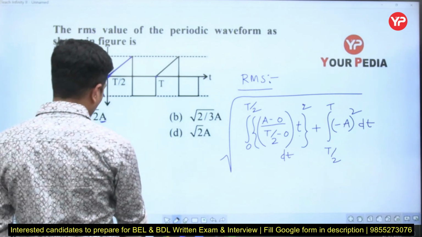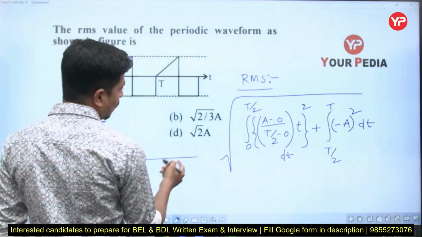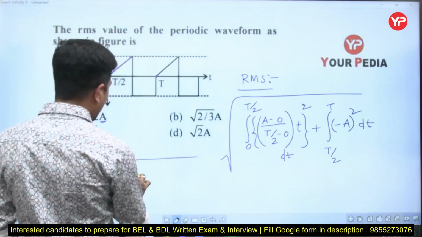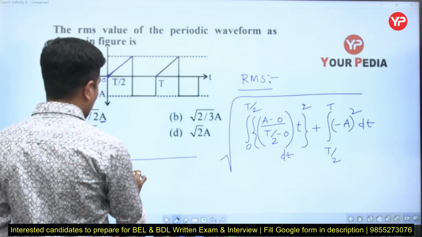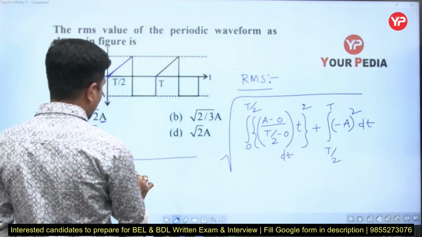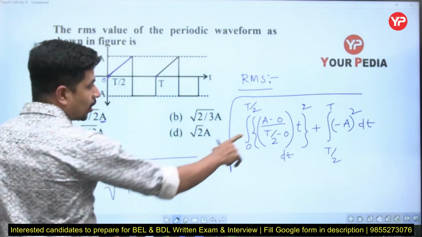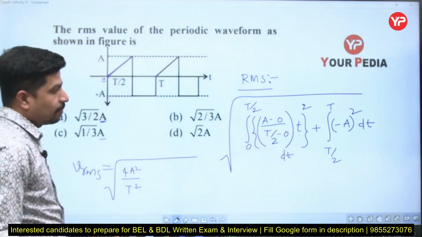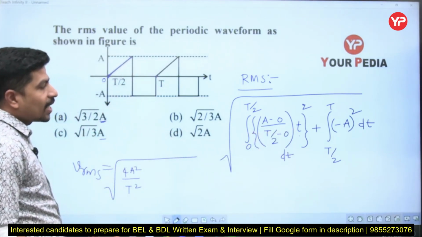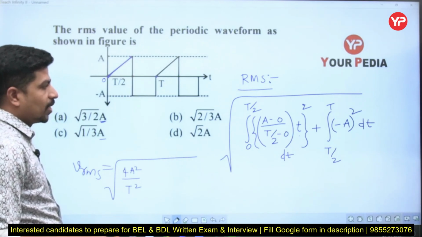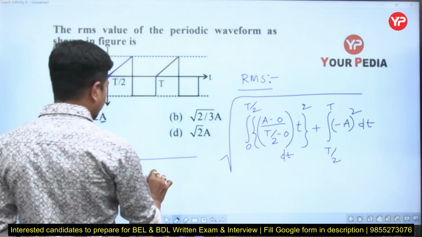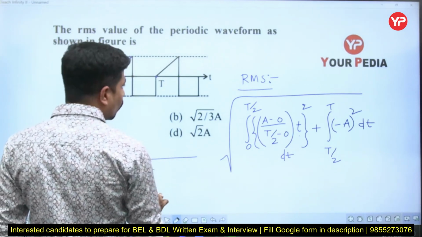Now under root of, come on, what is this? A, 2A by T whole square. Therefore 4A square by T square into t square, small t square. The integration of small t square will be t cube by 3.